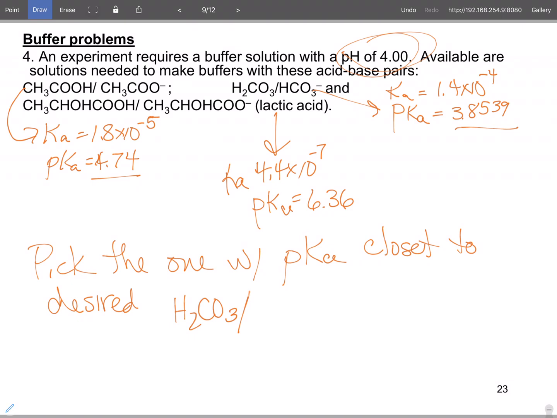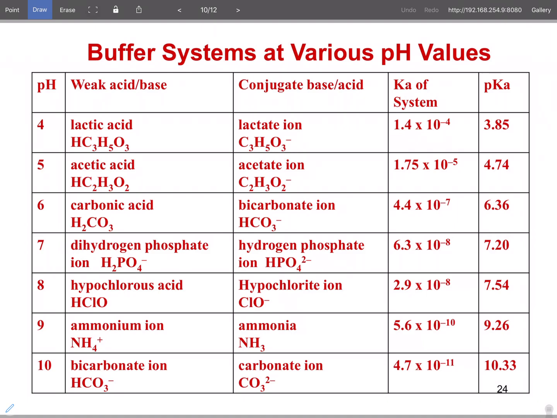Oh, wait, I reversed those. This is actually the carbonic, and this one here is the lactic acid. I knew it looked awful familiar. So in this case, it's going to be the lactic acid, because I mixed the values up. And if you look at your table, the lactic acid is 3.85, whereas the carbonic is 6.36. So you would consult a table of buffers to see which one would work the best.